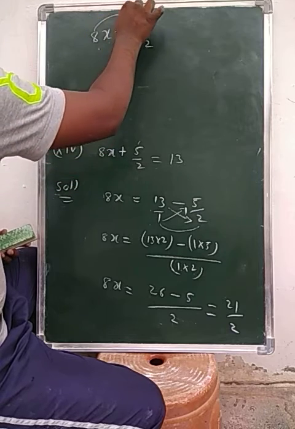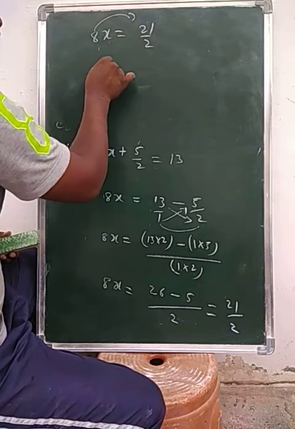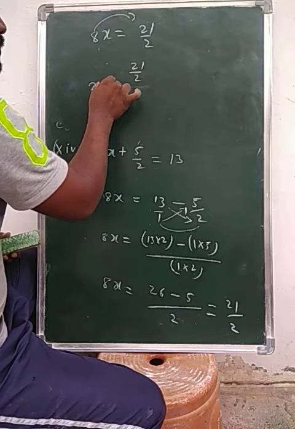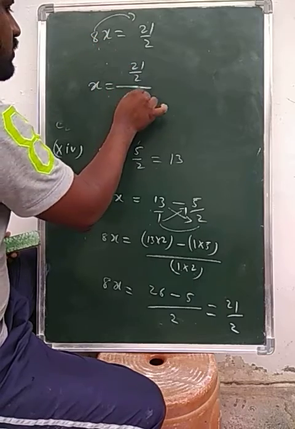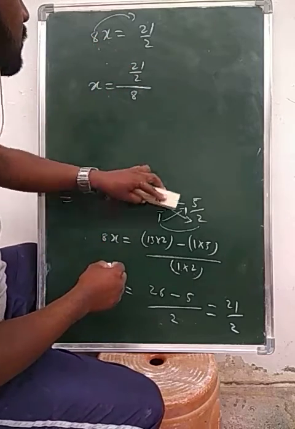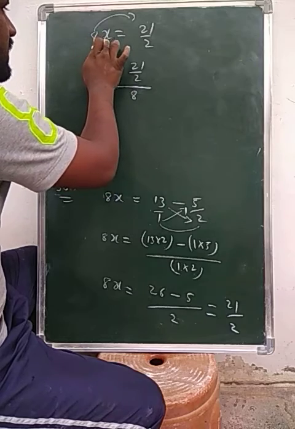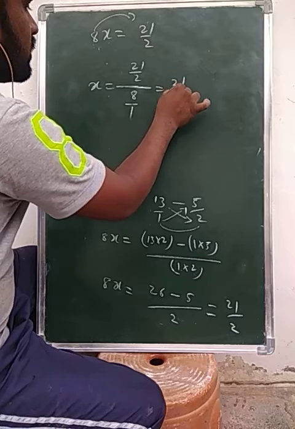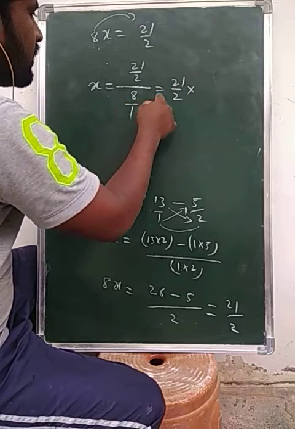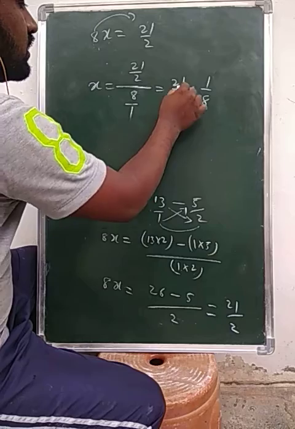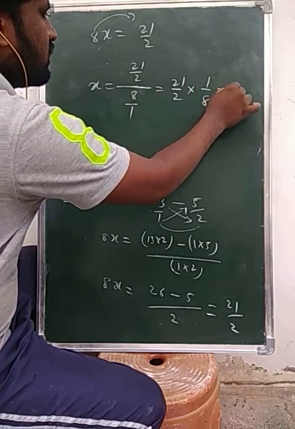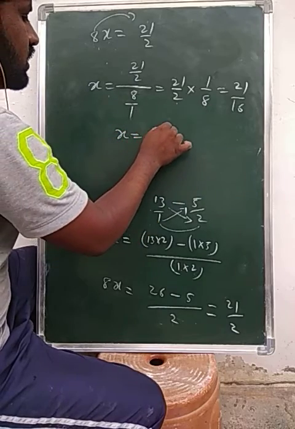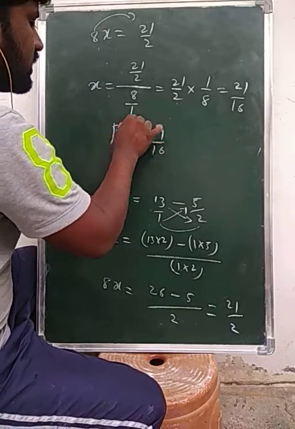Now I'm transposing 8 to the RHS side. x equals 21 by 2, and into quantity becomes division quantity. Into quantity becomes what? Division quantity. 8x is 8 into x. You can write it as 8 by 1 also. Now 21 by 2 into the reciprocal of 8 by 1, that is 1 by 8. 21 1s are 21 and 2 8s are 16. So the value of x equals what? 21 by 16 I get.